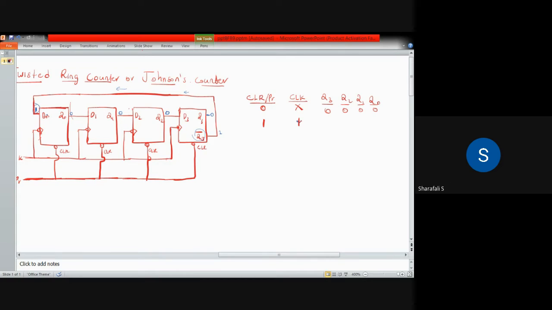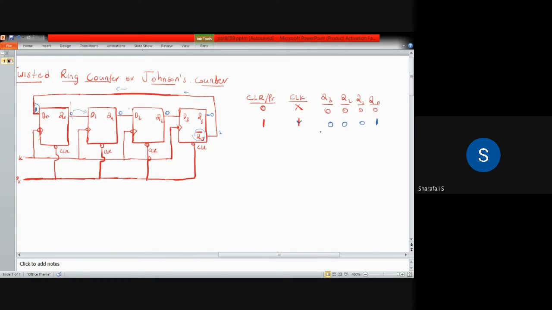So the D0 value 1 will be shifted to Q0 when the first negative edge of the clock pulse arrives. So Q0 will become 1. All other values are 0 because this 0 will be the value of D1, and that D1 will be shifted to Q1, so that will become 0. Similarly, Q2 also will be 0, Q3 also will be 0.